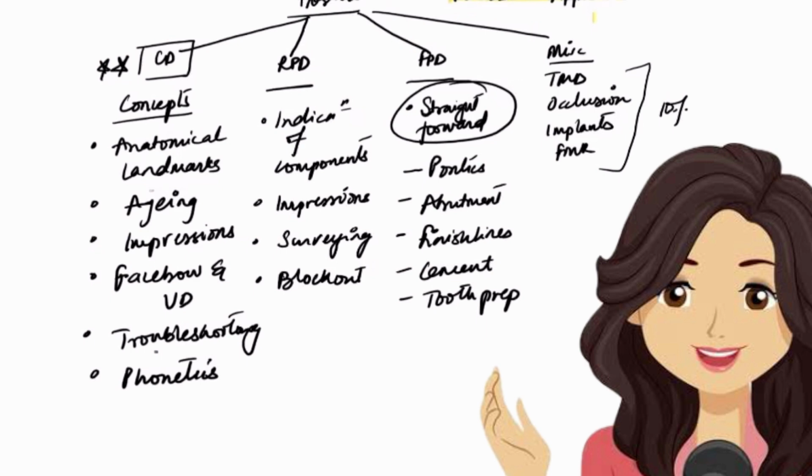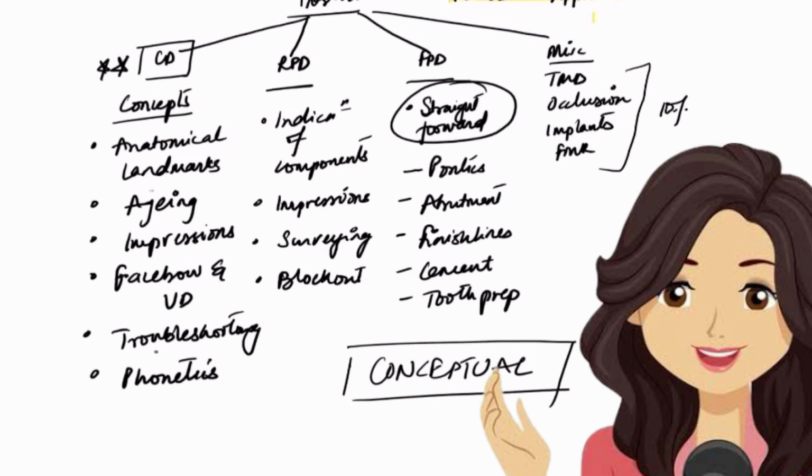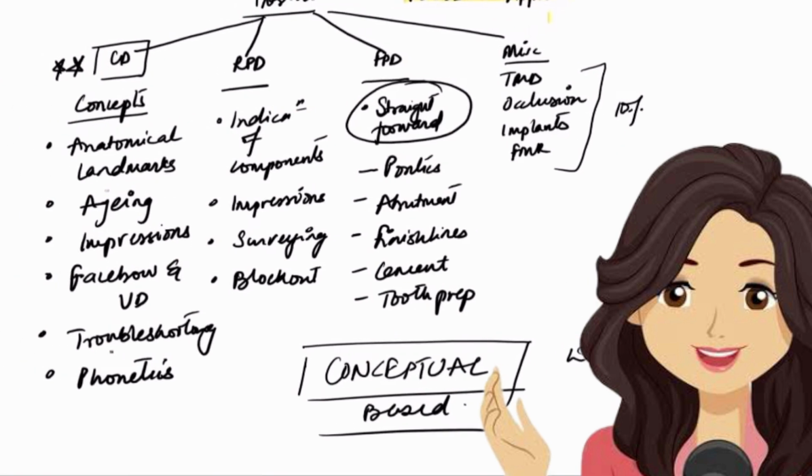Second important thing which I want to tell you is that with me, I always prefer that you do a concept based preparation, which means that you focus on understanding the why behind everything. Why does this happen?